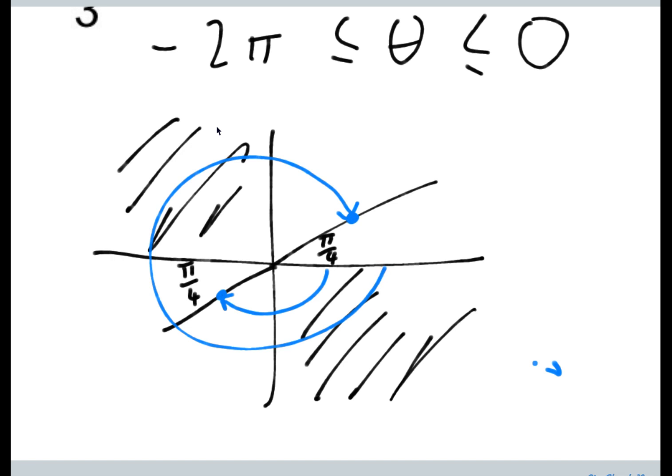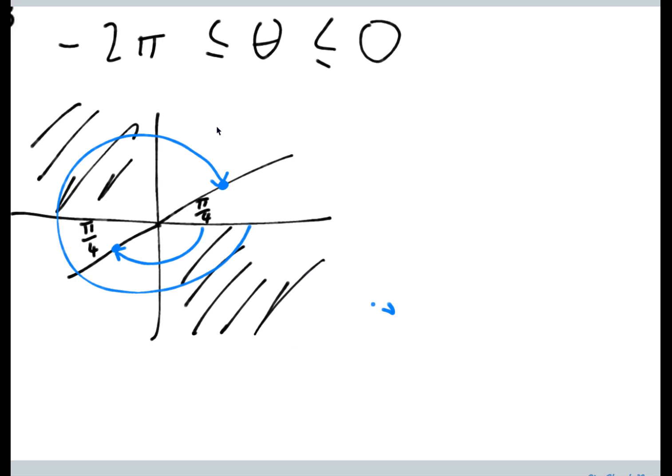This one here, this little inside track, is going to be all the way to negative pi, but not quite. So it's going to be less than that. Okay, so that's going to be 1 pi on 4 less than that. So that means that theta is going to be negative 3 pi on 4. Is that okay? A quarter pi less.